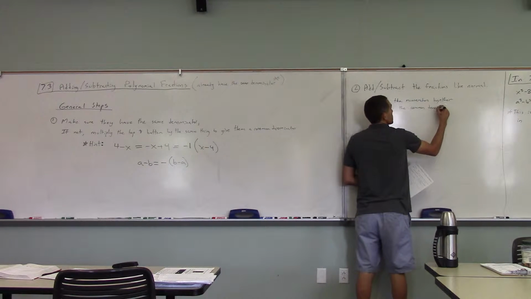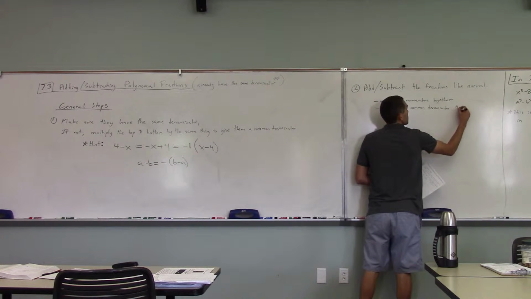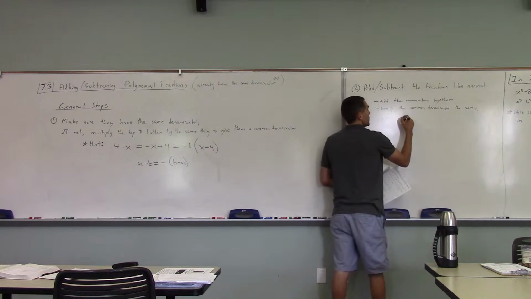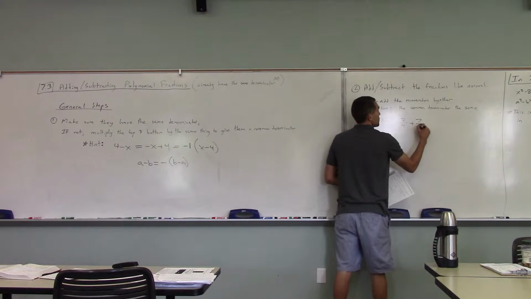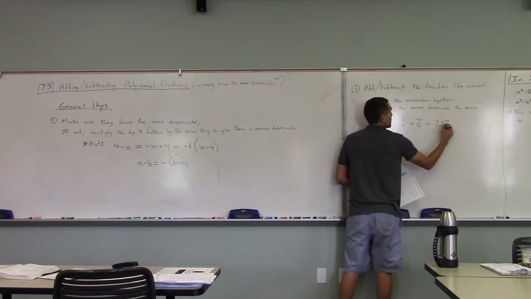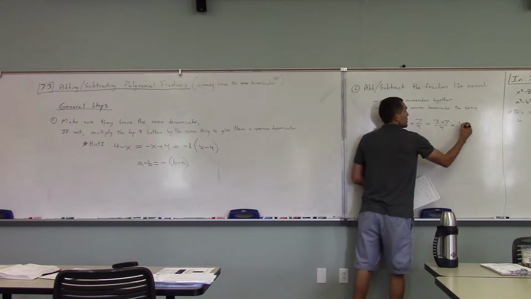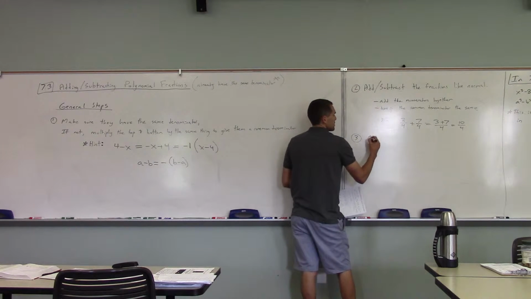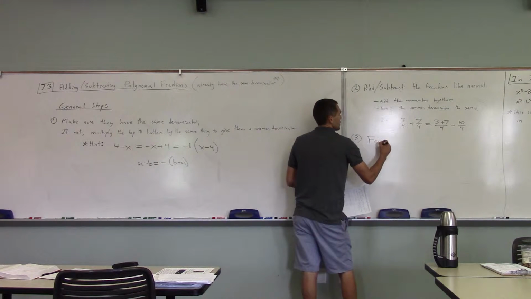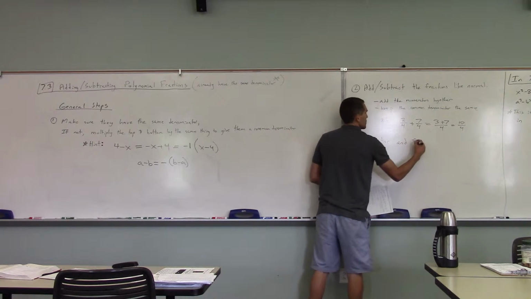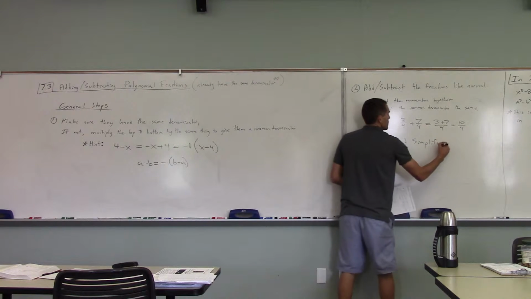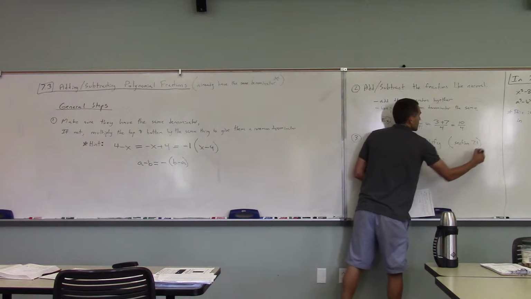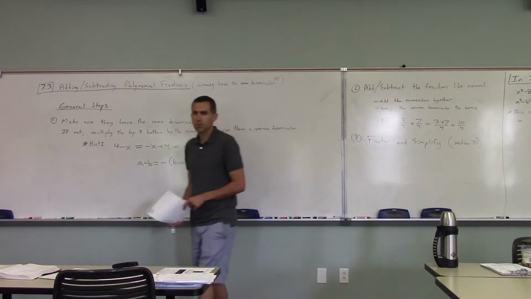Keep the common denominator the same. Just like if I had 3/4 plus 7/4, that would be 3 plus 7 all over the common denominator, or 10 over 4. And then the third step's the most important, maybe. Factor and simplify. AKA what we've been doing so far, so section 7.1.